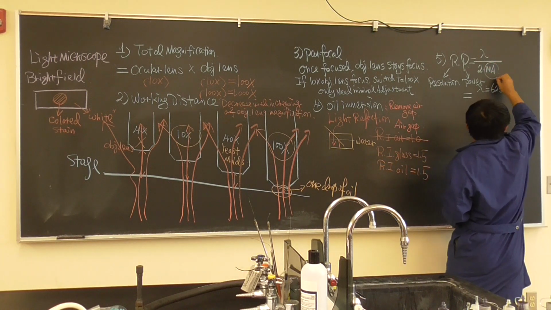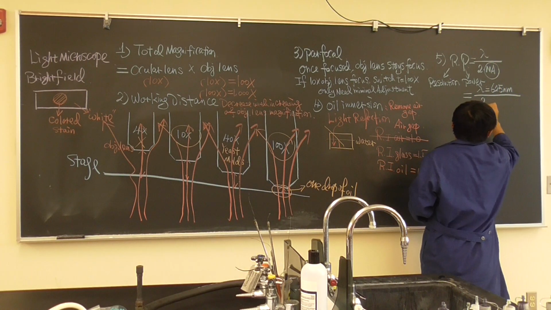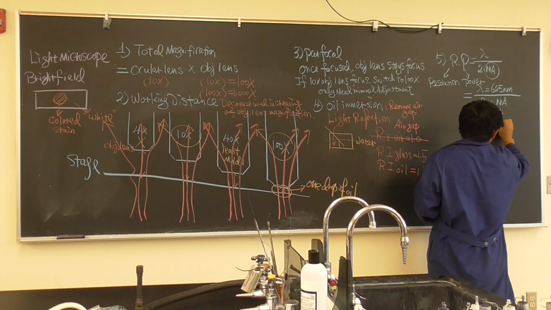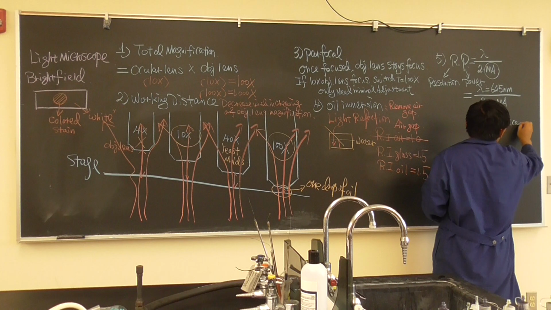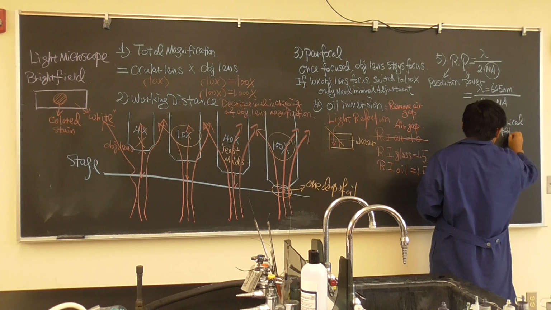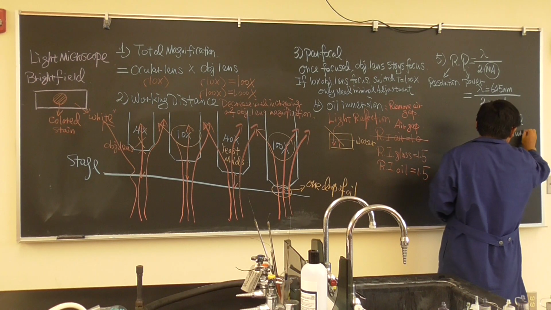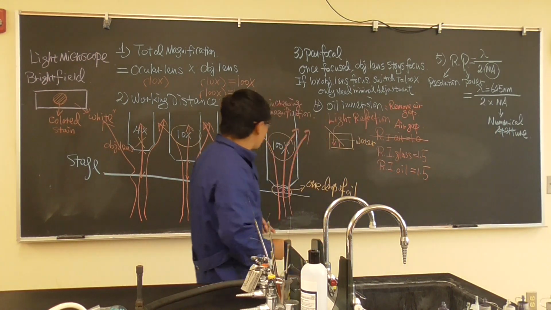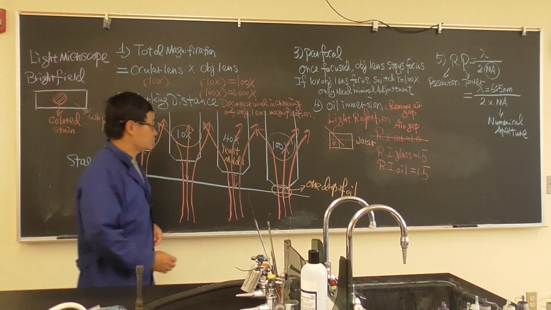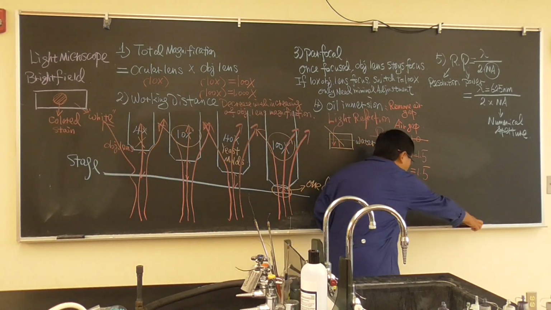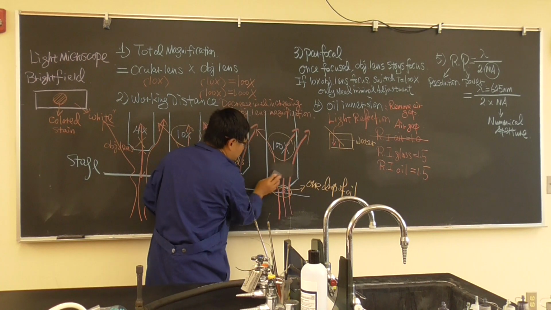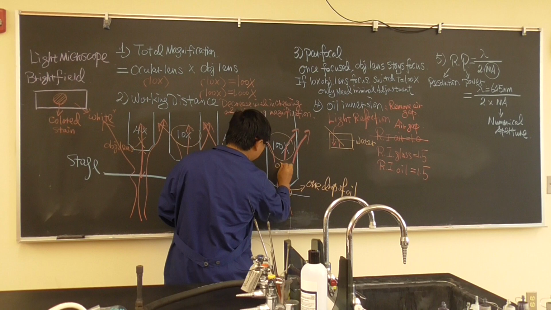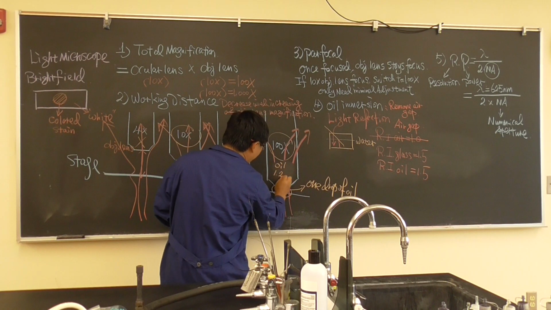What is NA? This NA means numerical aperture. Where is it? If you look at your 100x objective lens, you will see somewhere around here, on the side of the lens, it says oil and 1.25.